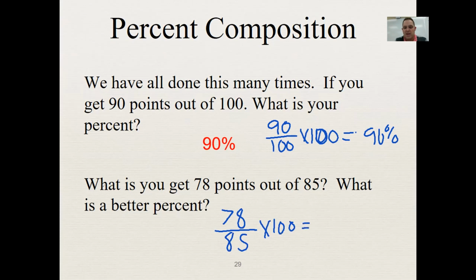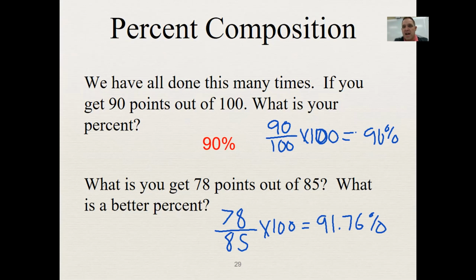Now I'm going to put this in my calculator. 78 divided by 85 times 100. And I get 91.76%. Well, I didn't know when I first started, but a 90% is not as good as a 78 out of 85. So that's how we find percents.